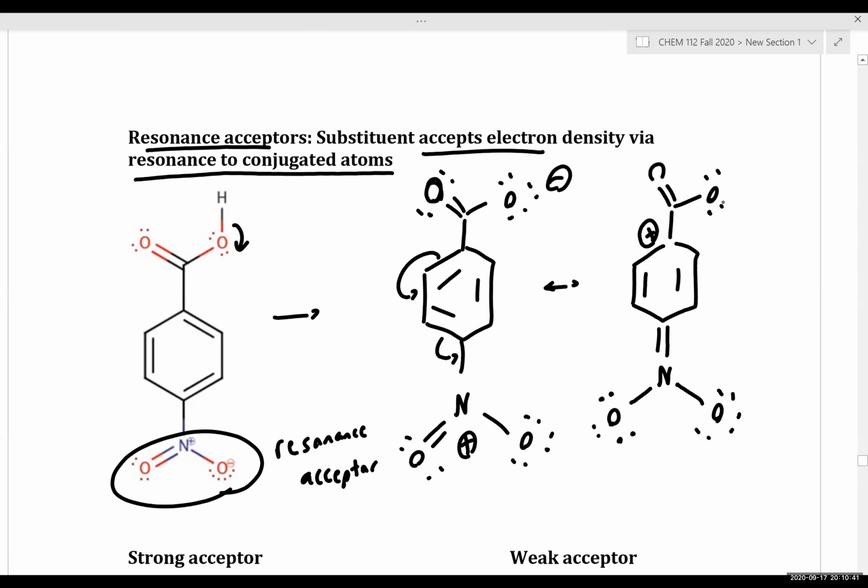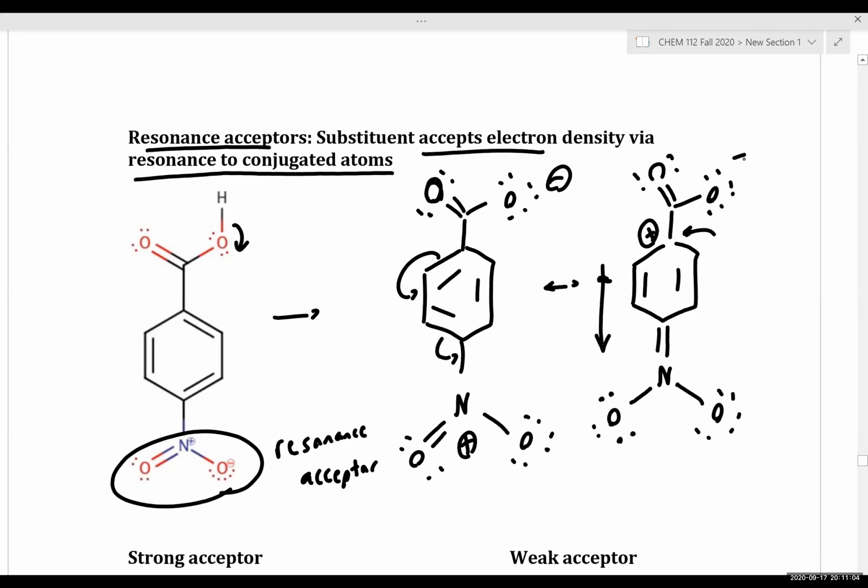And as we can see, this nitro group via resonance is pulling electron density towards it. Does everyone see how we're able to distribute our positive charge? We're able to distribute this electron deficient character to this adjacent carbon.